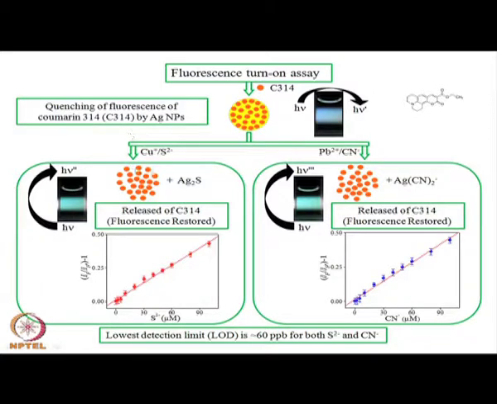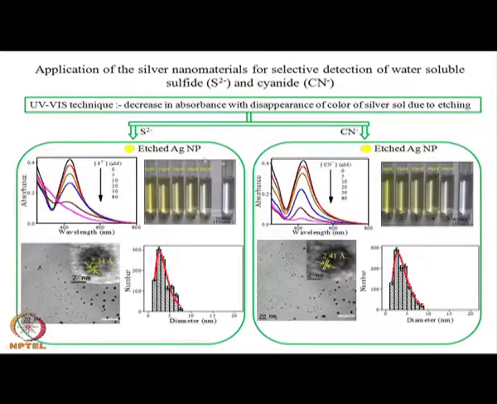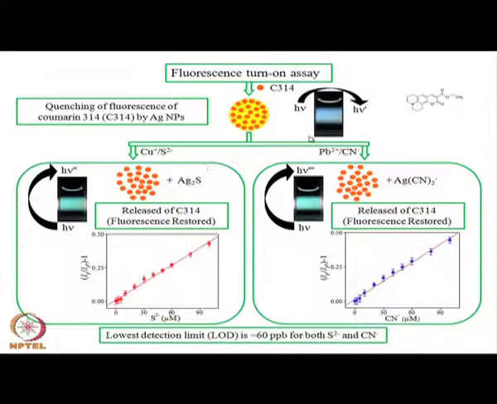Okay. Now, when you add this sulfide, why in presence of Cu+? Because the point is that since this particular nanoparticle is sensitive to sulfide and cyanide, selectively you can do this turn on in presence of Cu+, so that in that case only the sulfide will interact with your nanoparticle and thereby release this C314.